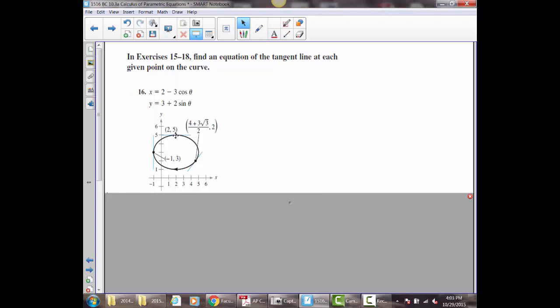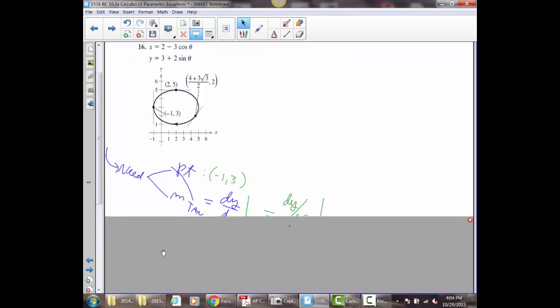What is the equation of this blue line, which is tangent to the curve at this point? And of course, the same thing, what's the equation of that line? Now, it looks pretty well like this is a vertical line, x equals -1. Sure looks like this is a horizontal line, y equals 5. But we don't know what's going on over here.